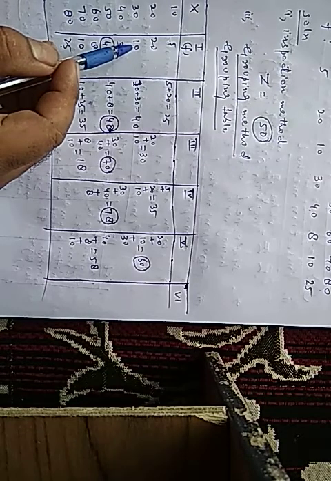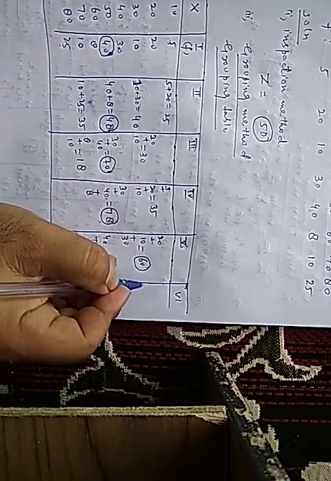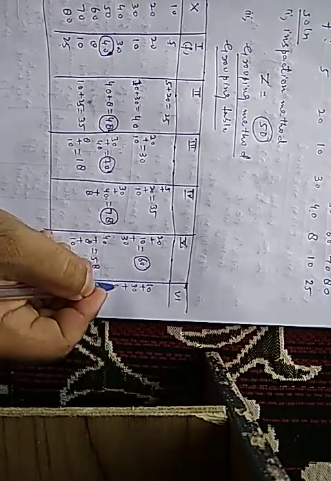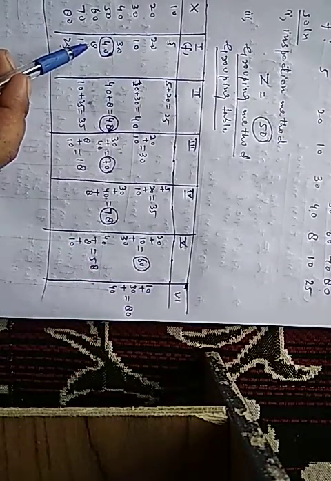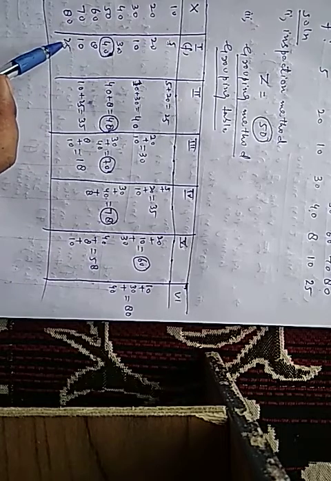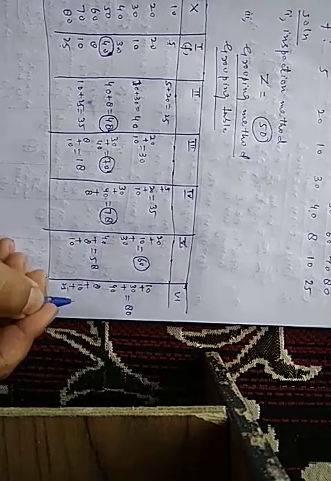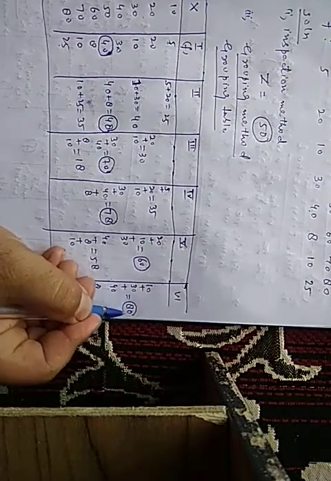The remaining frequencies, that is 10, 30 and 40, will be added. 10 plus 30 plus 40 is equal to 80, and the remaining three frequencies are 8 plus 10 plus 25, which is equal to 43. Among these frequencies, the highest frequency is 80. It will be encircled.